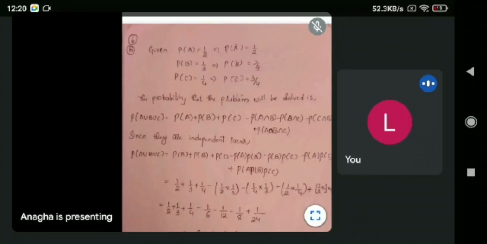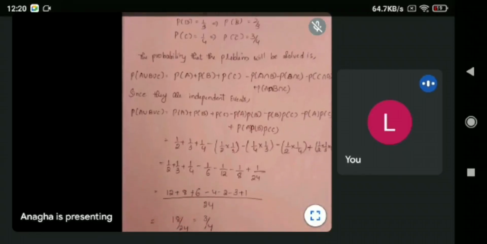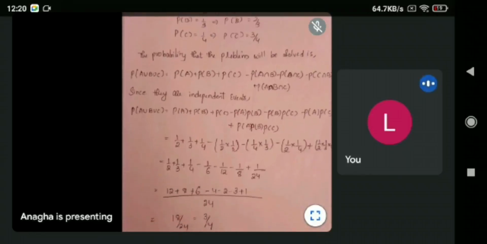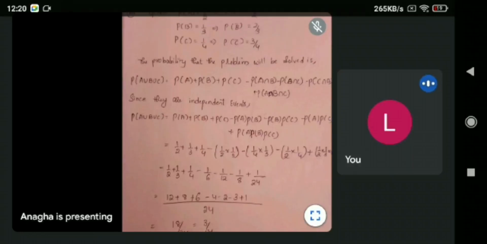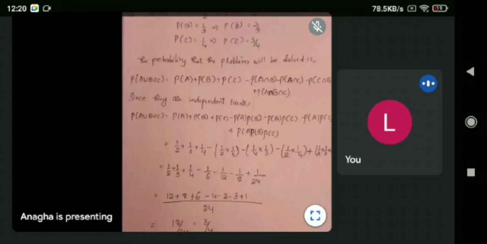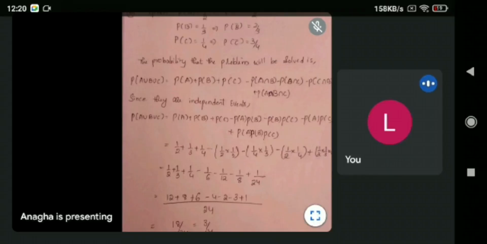The probability that the problem will be solved is P(A union B union C), and we know the formula: P(A) plus P(B) plus P(C) minus P(A intersection B) minus P(B intersection C) minus P(C intersection A) plus P(A intersection B intersection C).